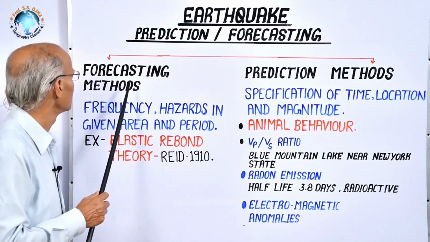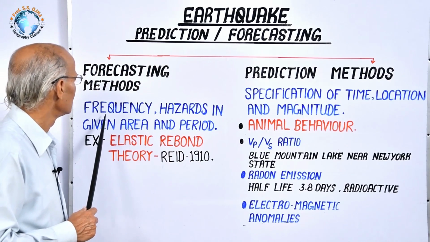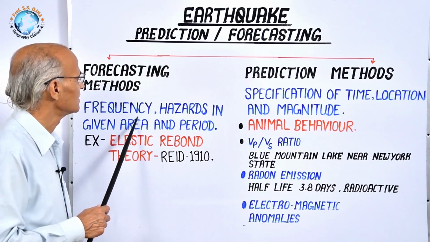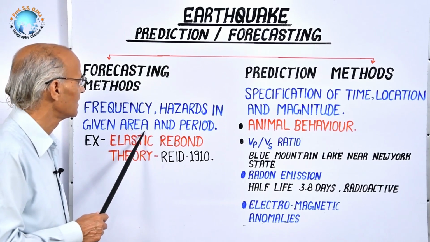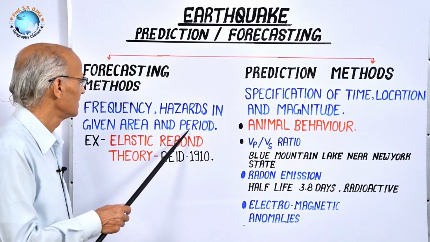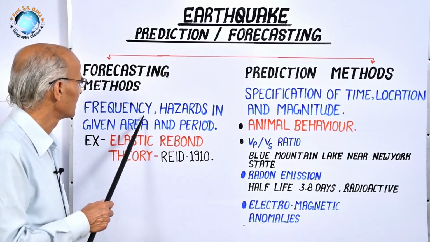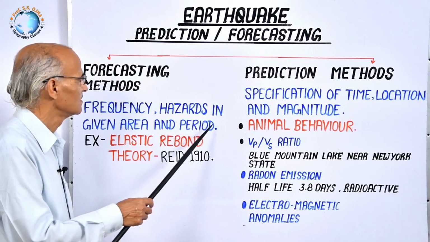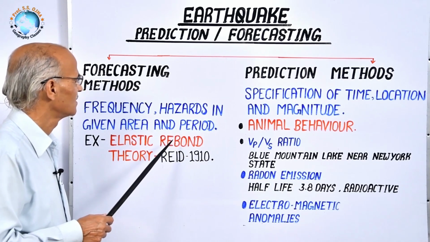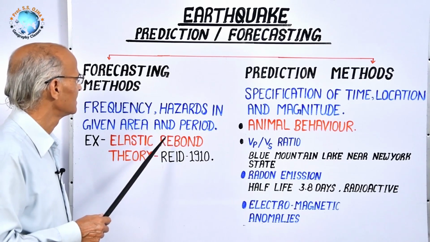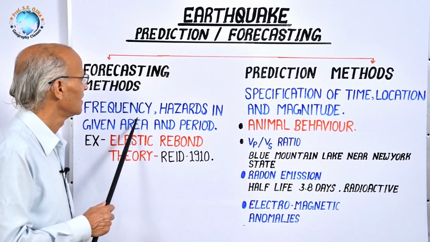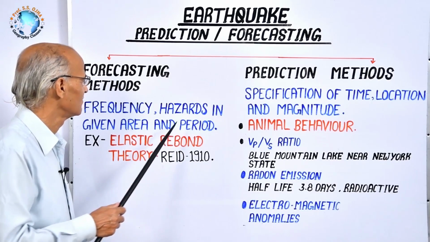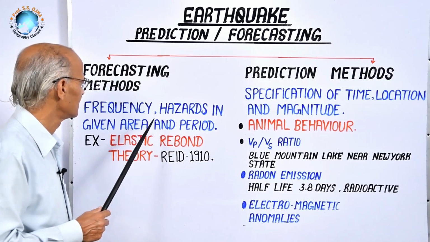In forecasting, we study the frequency and hazard impact in a given area and period. It means that in a particular area and during some years, which quake incidence is going to take place, what will be its frequency, and how hazardous it will prove. These are studied in it.